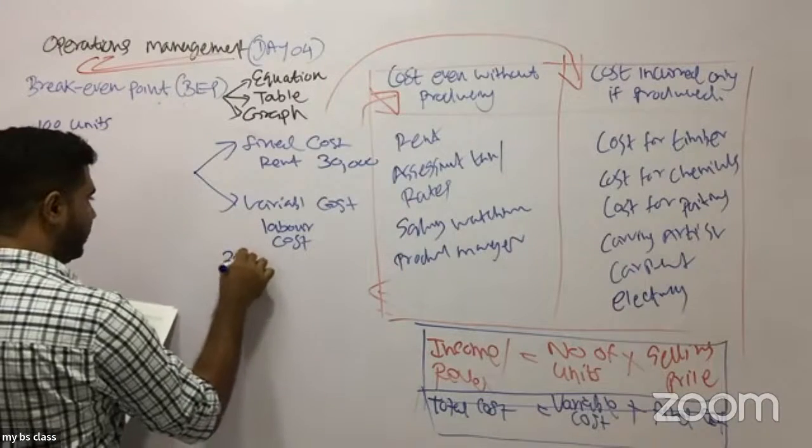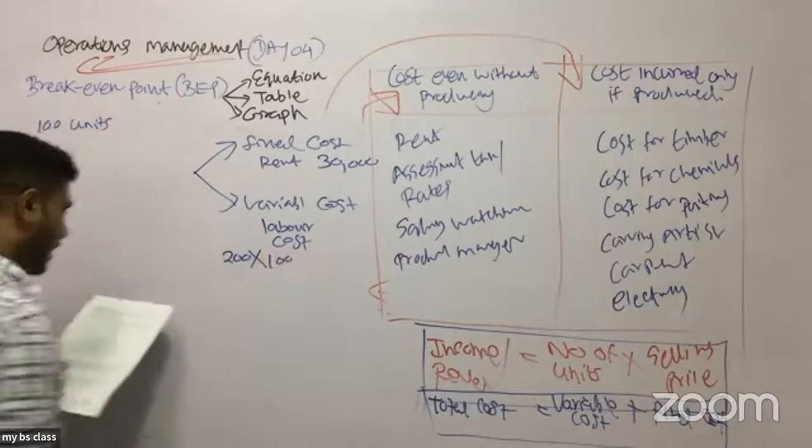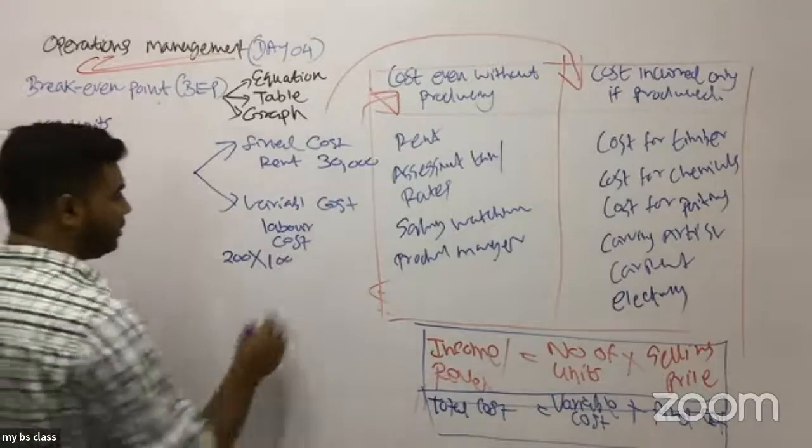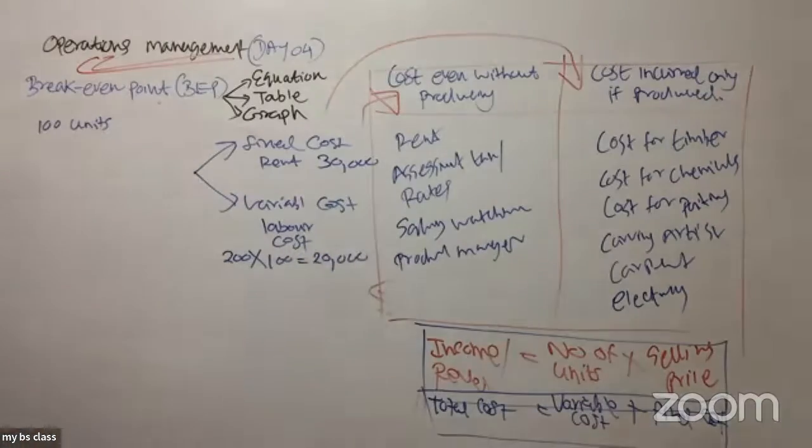So 200 per unit into 100 units. That is 20,000 for the labor cost.